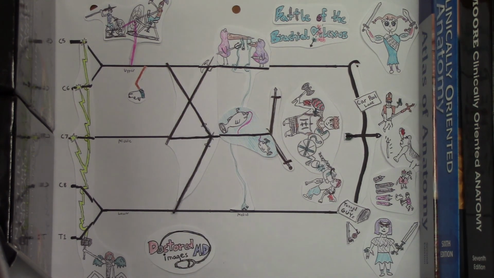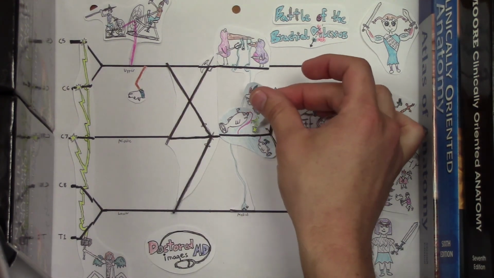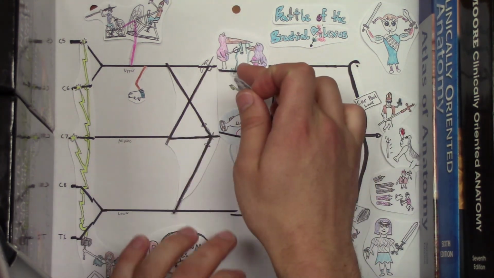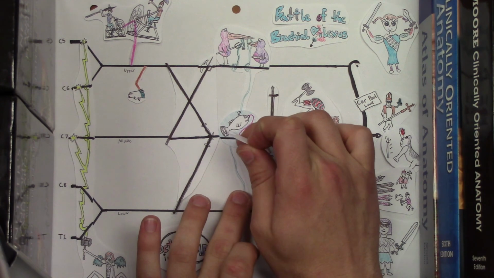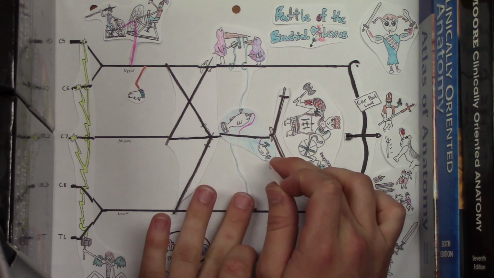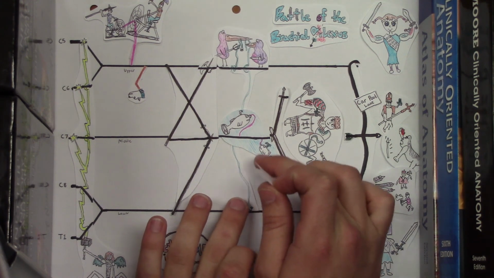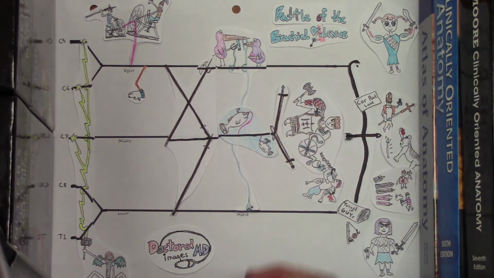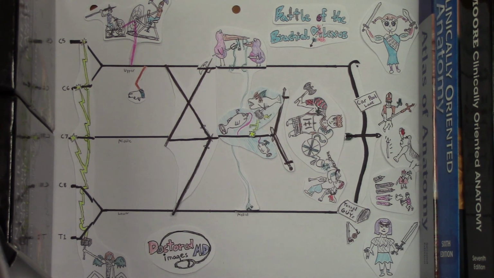It's not correct. The real name of this nerve, represented by this shark the subs are battling with, is the thoracodorsal nerve.